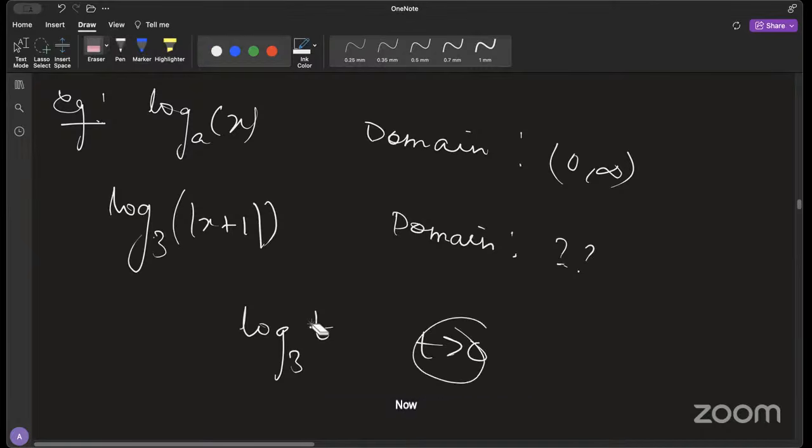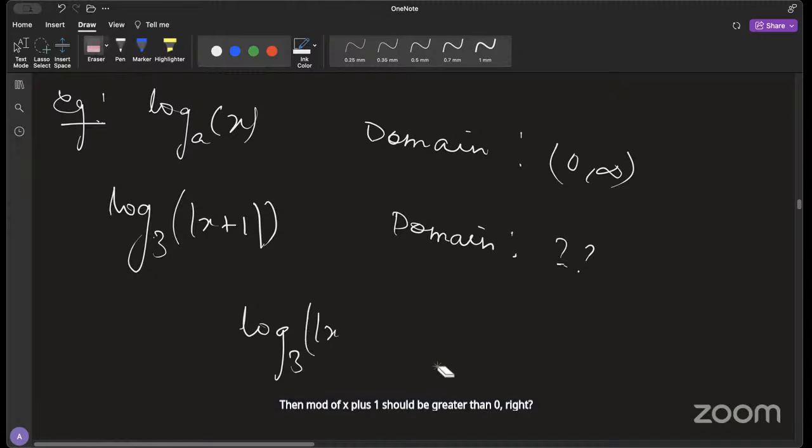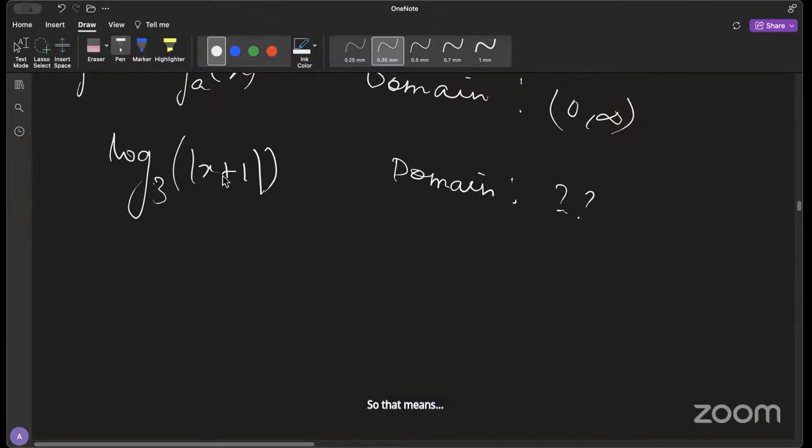Now, instead of t, if I have log base 3 of mod x plus 1, then mod x plus 1 should be greater than 0. And mod x plus 1 anyway is greater than 0, no matter what value of x you take. That means every x is a valid input here.